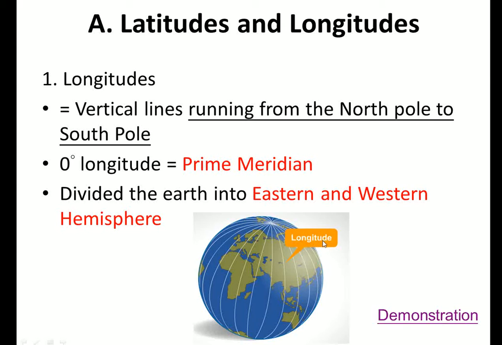經線. And then there is an important longitude. This important longitude is called 0-degree longitude. This is the prime meridian.